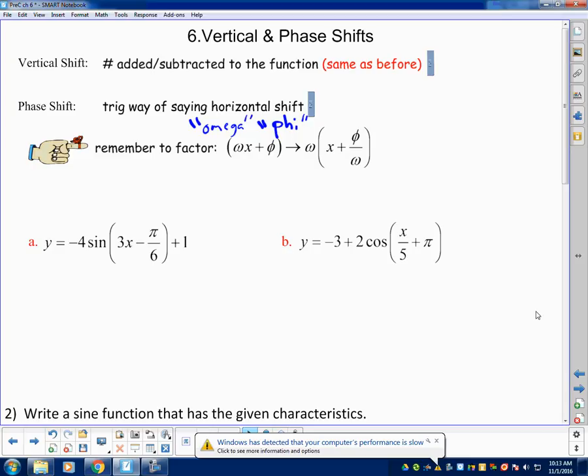I think I had an uppercase A on the notes before, but lowercase a is our amplitude. Lowercase b is not our period, but is related to our period with the expression 2 pi over b, or period equals 2 pi over b. So b would be equal to 2 pi over the period. And c is our horizontal shift or phase shift, and d is our vertical shift.